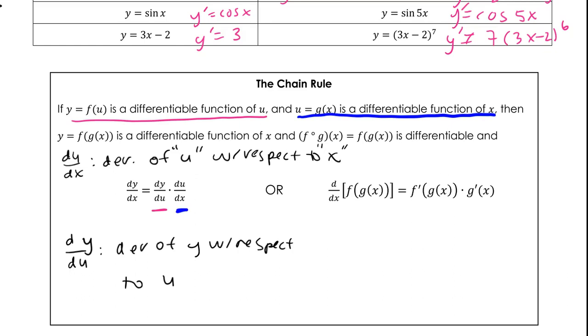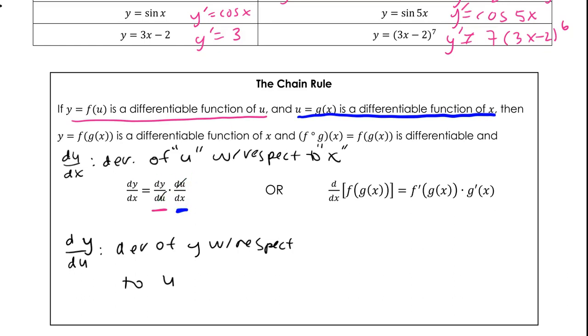Now, can you guys see that those cancel? And that's how you're left with dy dx equals dy dx. So what all of that was about is our goal is to get dy dx. That's what the question's going to ask for. In order to do that, because we have composition of functions, we are going to say dy du, and then we're going to do du dx. And these keep linking, and we're left with the two things that we want.